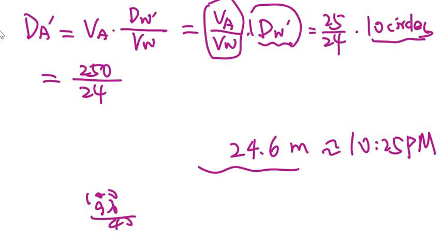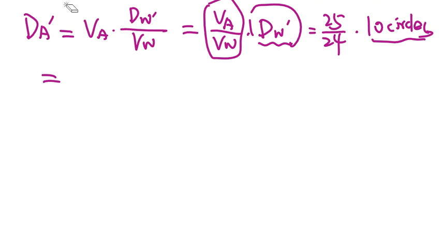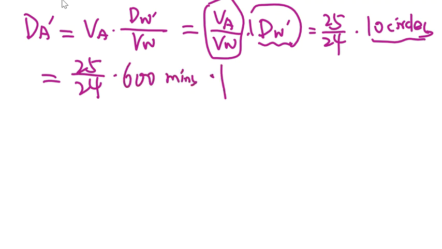Also, you can convert the units from here. Actually, we know that it is 10 circles of distance, like 10 hours, right? This is what we know. And 10 hours is 600 minutes, right? So we can convert it from here. 600 minutes of distance.